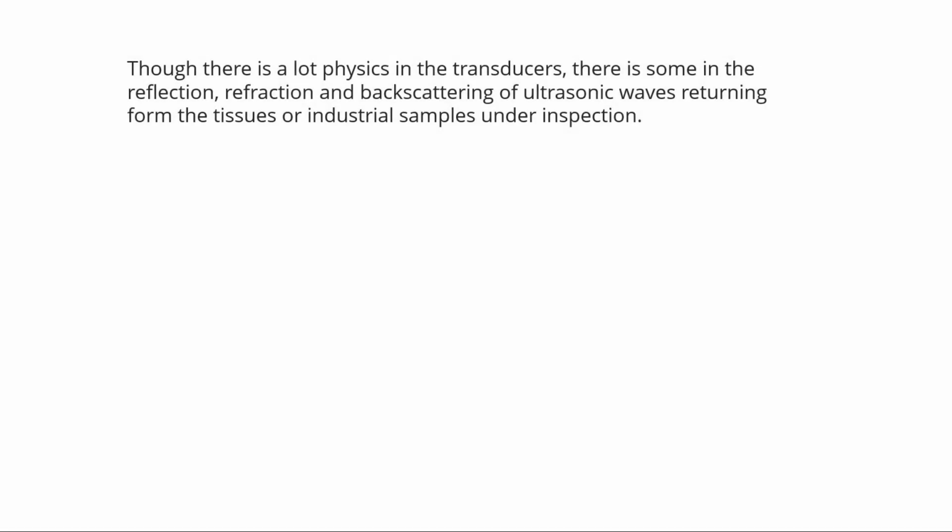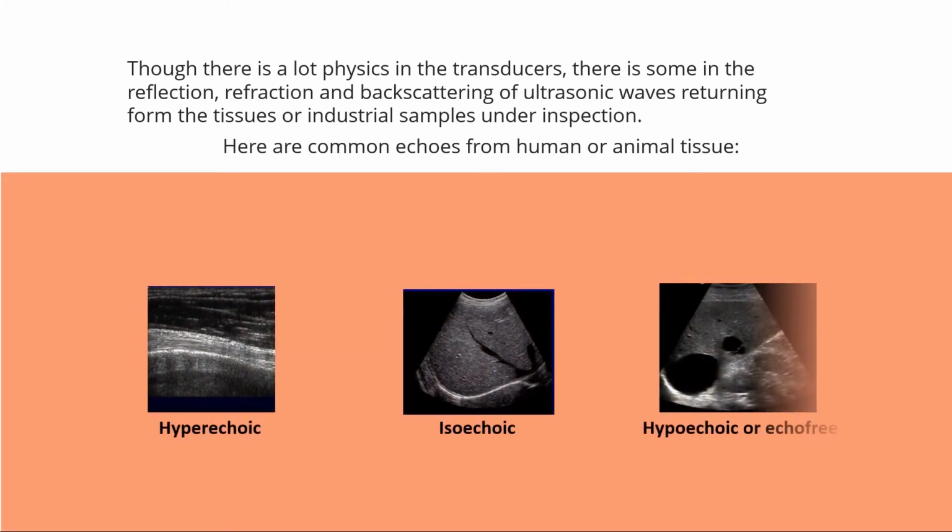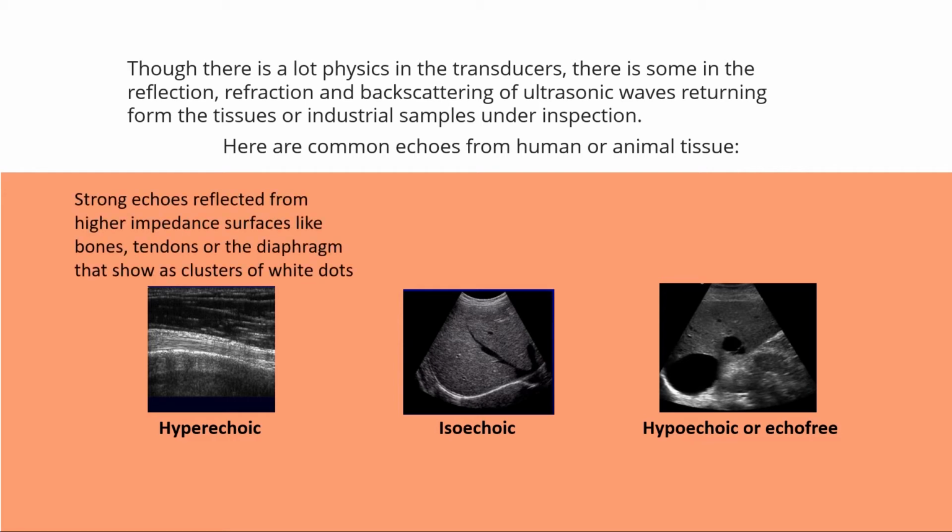Though there's a lot of physics in transducers, there's some in the reflection, refraction, and backscattering of ultrasonic waves returning from the tissues or industrial samples under inspection. Here are common echoes from human or animal tissues. Hyperechoic. Those are strong echoes, reflected from high impedance surfaces like bones, tendons, or the diaphragm, that show us clusters of white dots.